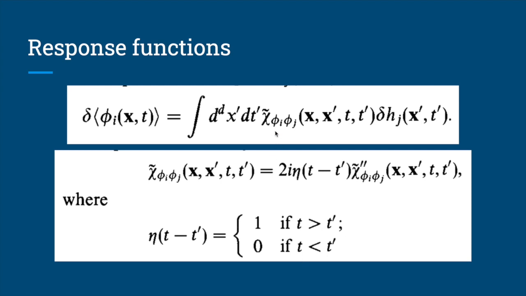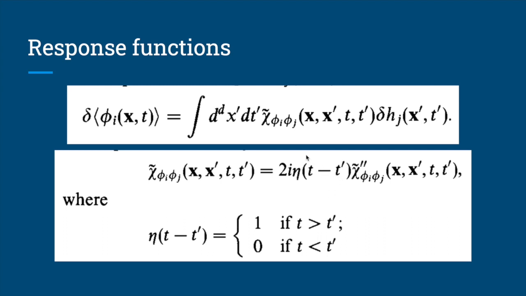First of all, this is the change in our quantum field, and this is our susceptibility function, which is also a response function, and this is the change in that external field at x dash. We have written it in this manner so that we ensure that the changes are causal. Only changes at some past time t dash can affect the value of the function at time t.